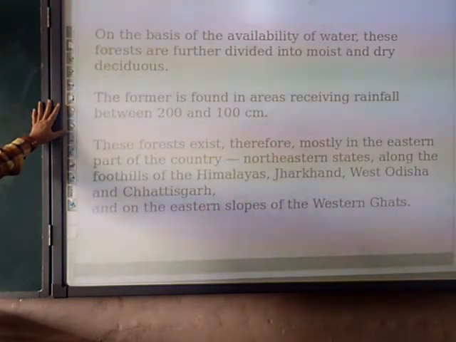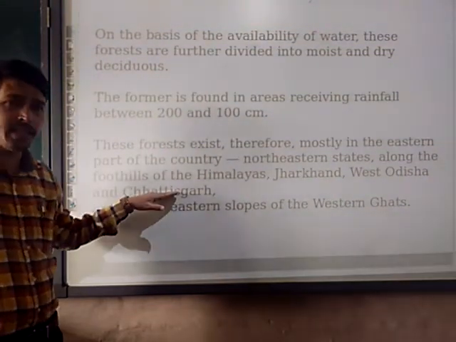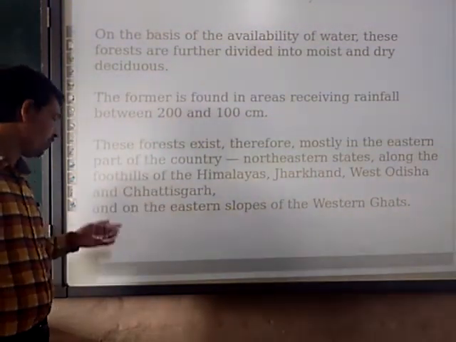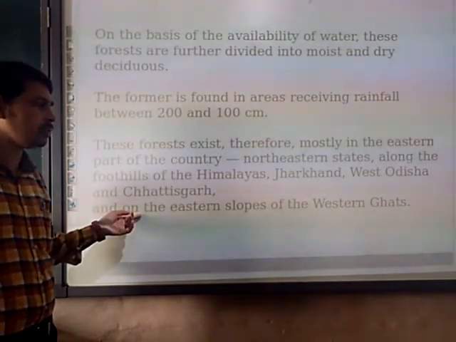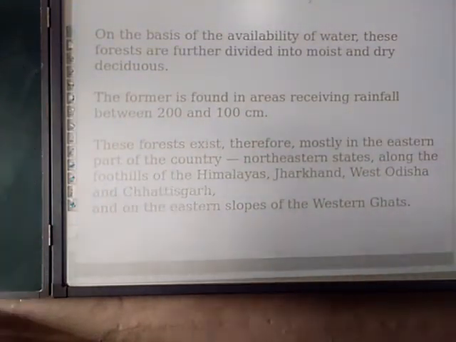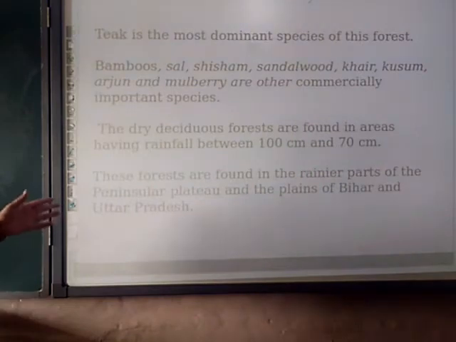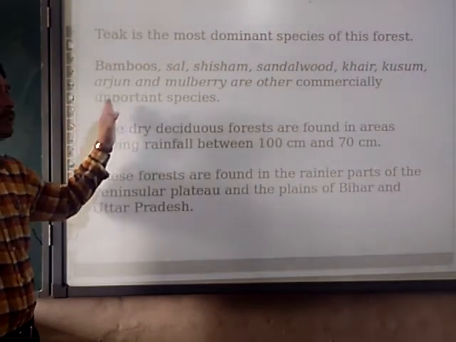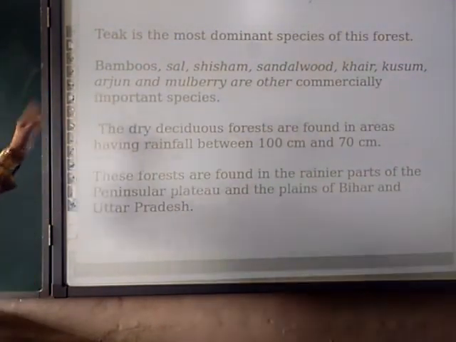These forests exist mostly in the eastern part of the country: the northeast states along the foothills of the Himalaya, Jharkhand, West Odisha and Chhattisgarh, and on the eastern slopes of the Western Ghats.